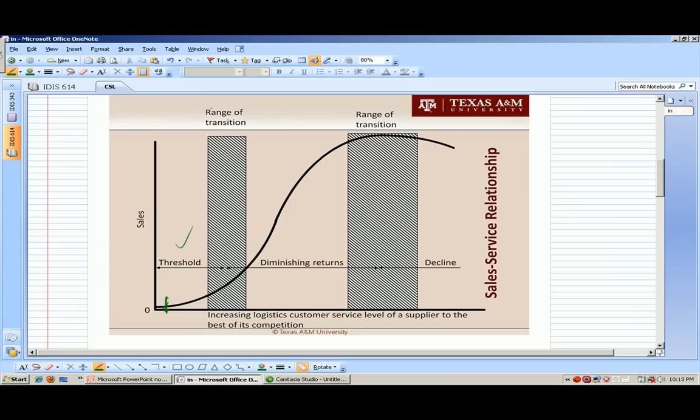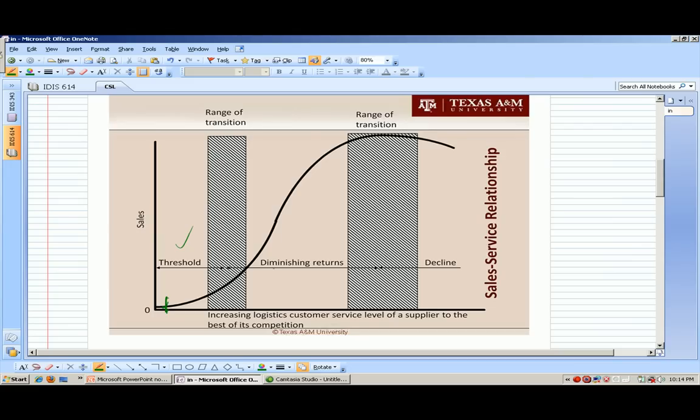This is not a 0-1 game, so you think you match it, but there might be a region more than a number to match. So you have to improve a little bit before your customers prefer you rather than your competitors. Okay. Once you clearly outperform your competitors, you enter into the diminishing return area.